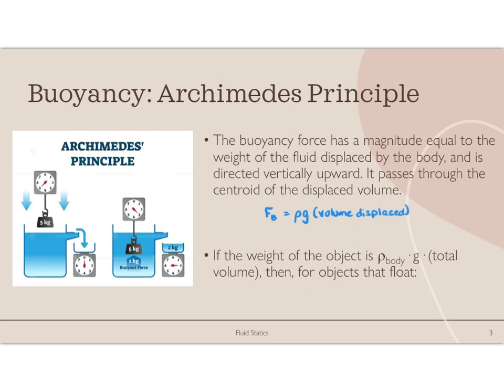Now, if the weight of the object is the density of the body times g times the total volume, then for an object that's going to float, the volume that is submerged compared to the total volume is going to be proportional to the density of the body compared to the density of the fluid. Okay, now this is true for objects that float.